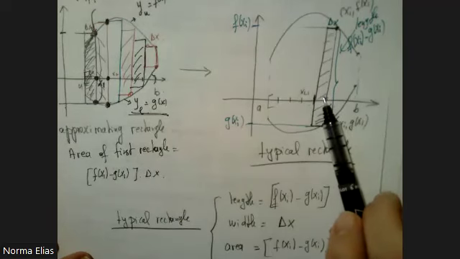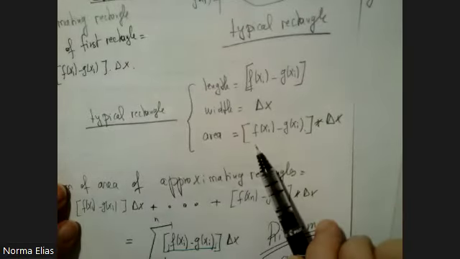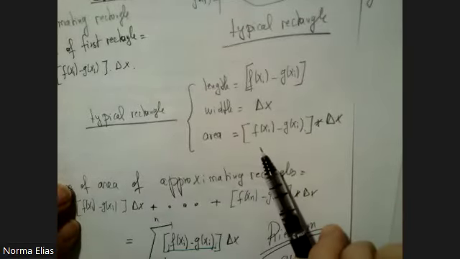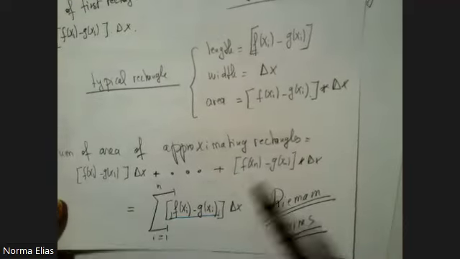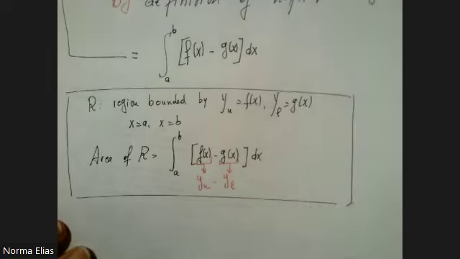Once we draw a typical rectangle, we find its length, its width, its area. We write the sum, and then we move to the integral. So even when we're doing a simple problem, we will go through the same process again till the process becomes part of us. Right? Okay, so now time for the quiz.